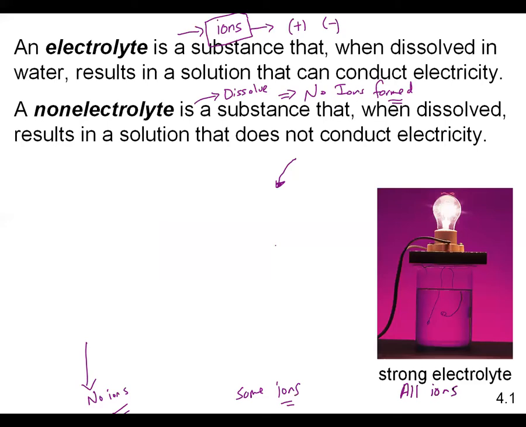So those are three types of electrolytes. We're going to talk about each of these in just a second, but a strong electrolyte 100% breaks apart into ions. So you have a ton of ions. A weak electrolyte makes a few ions, but mainly stays together.